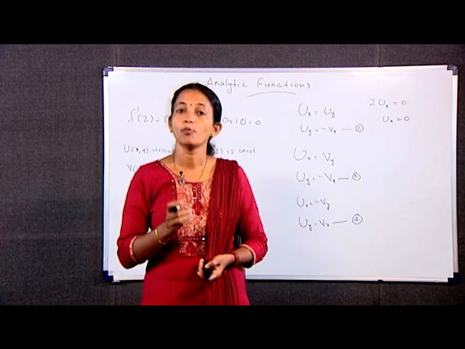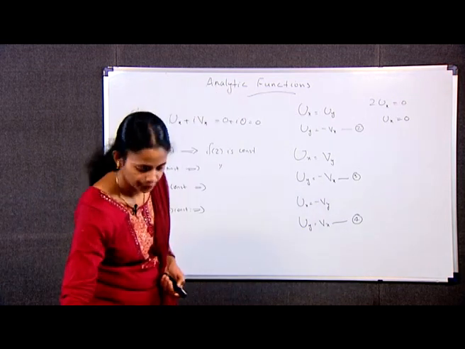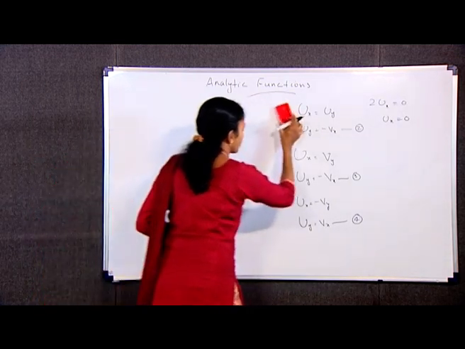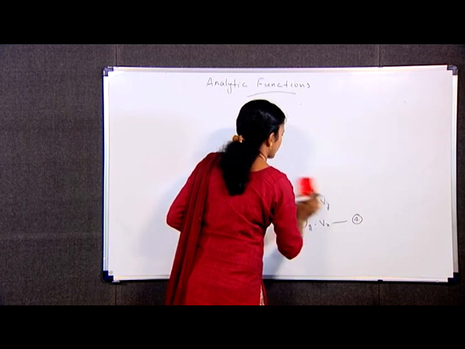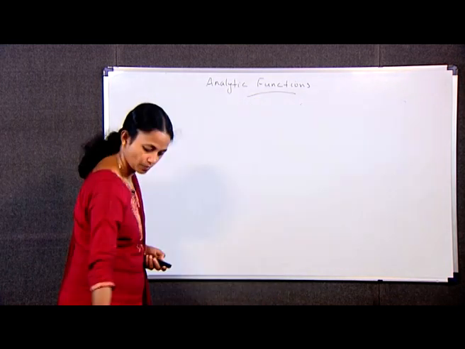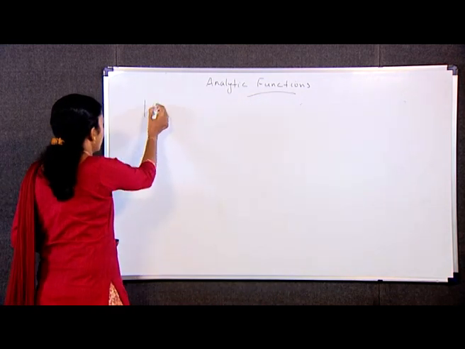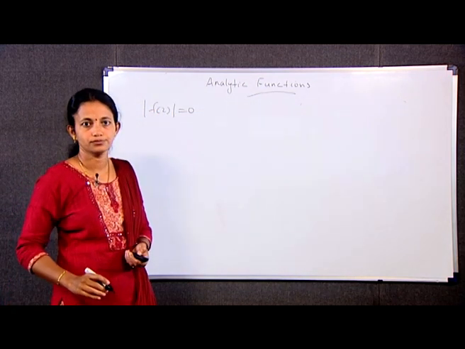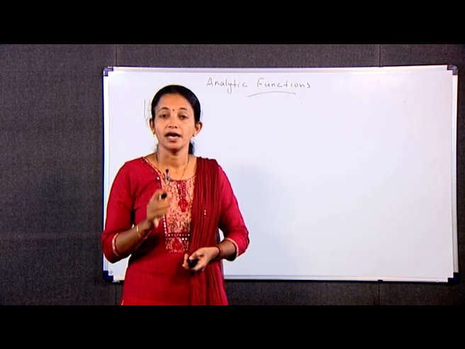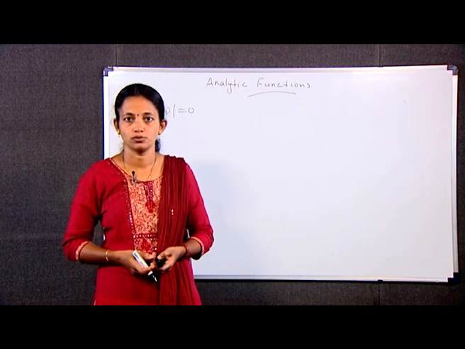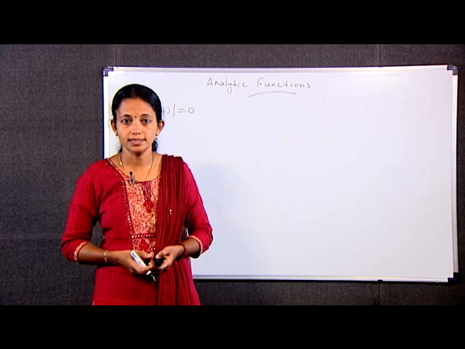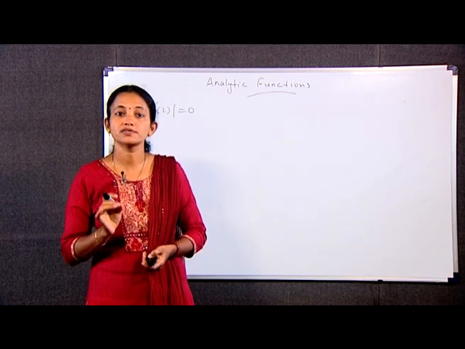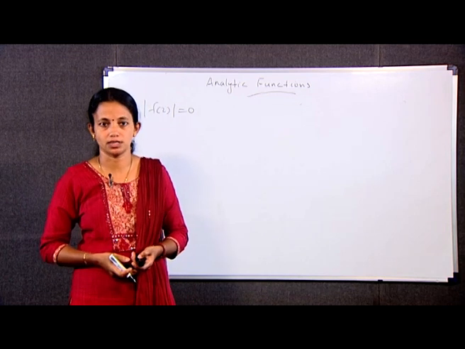Third one, we have mod f(z) is equal to 0. That means f(z) is equal to 0, a constant. Hence, it remains to consider the case when mod f(z) is equal to a non-zero constant.